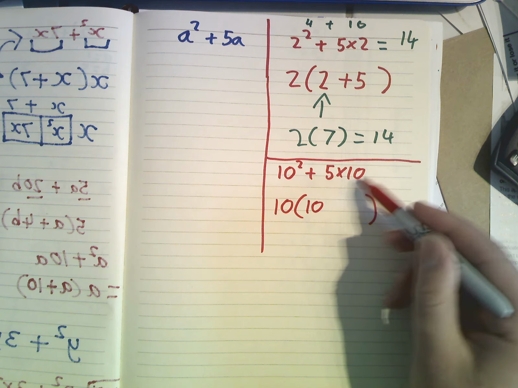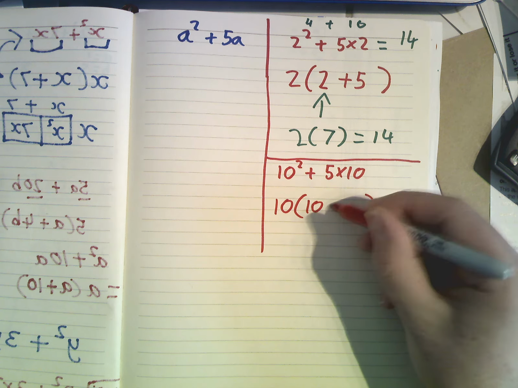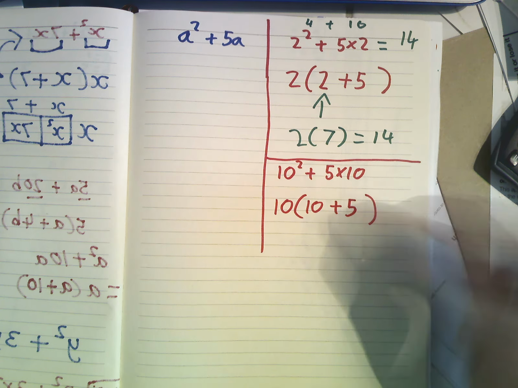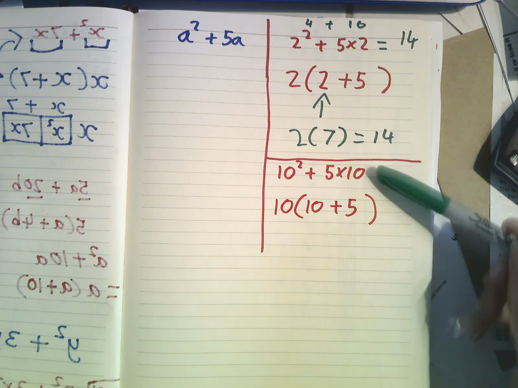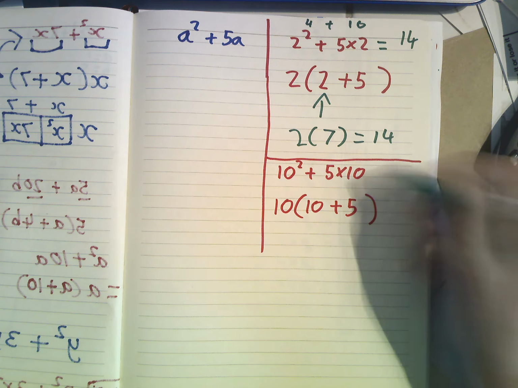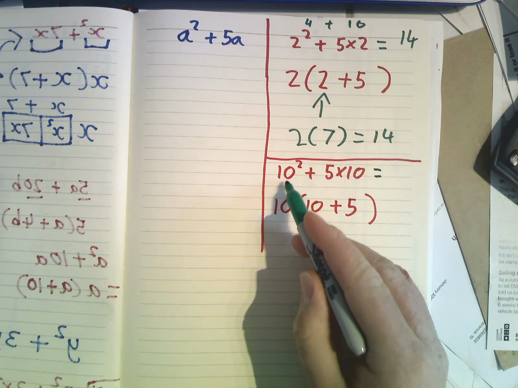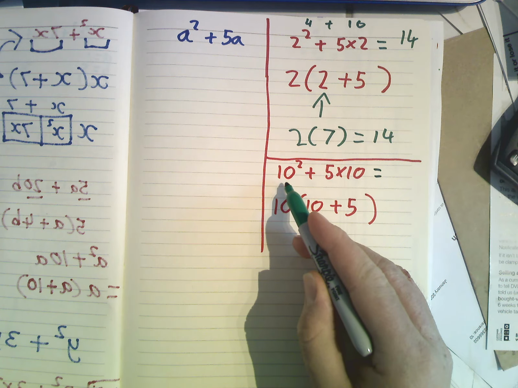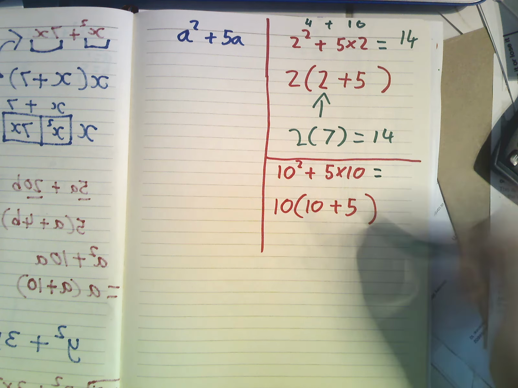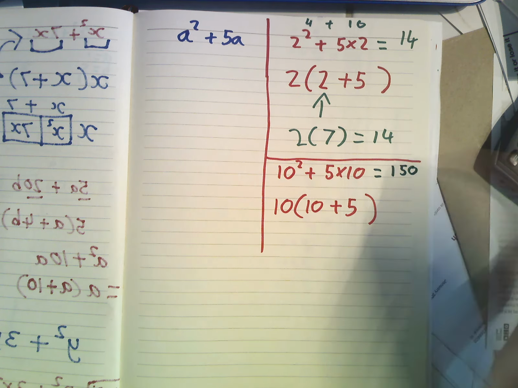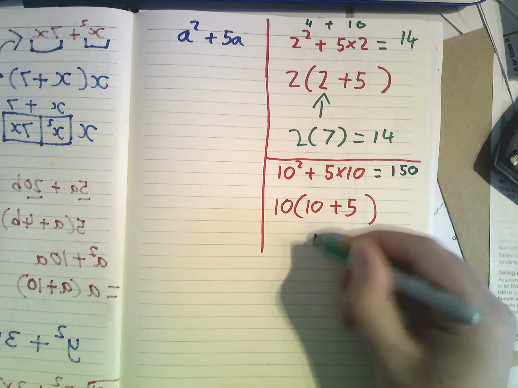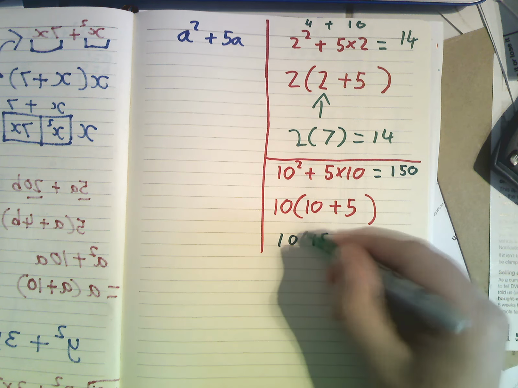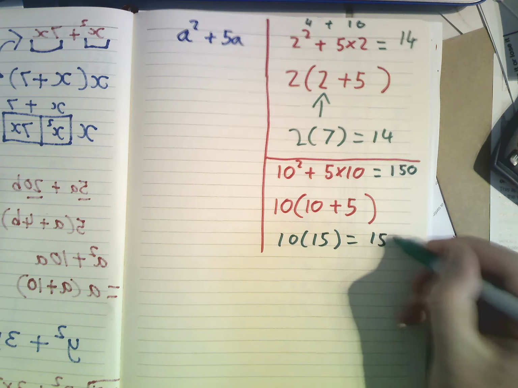What is 5 times 10 divided by 10? Okay. And if what I'm saying is true, I'm claiming that these two things are equal. Let's just work it out. What is 10 squared? Well, it's 100. 100 plus 50 is 150. Is that the same as 10 plus 5 is 15? 15 times 10 is, oh, it's 150.